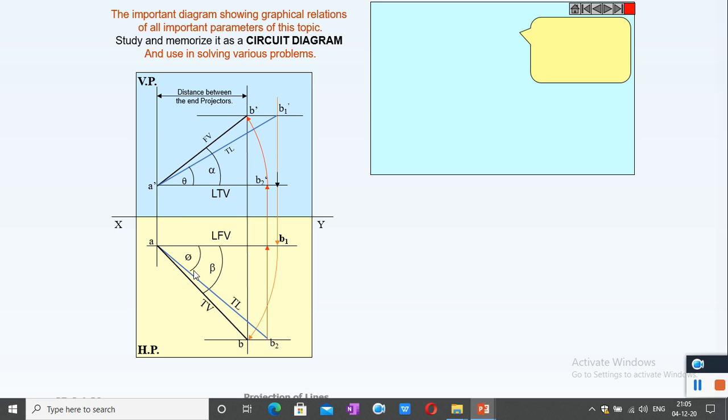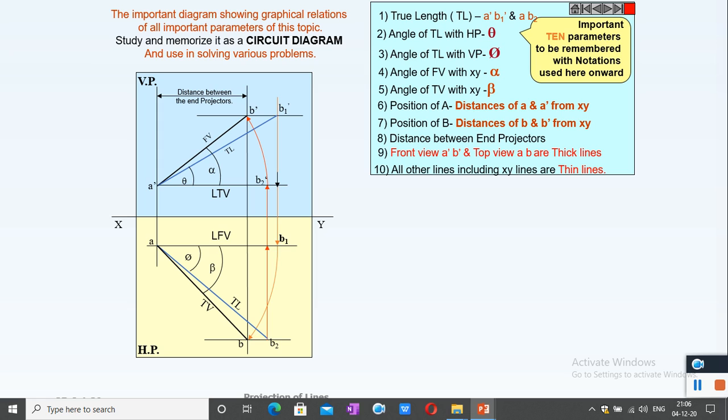Theta, phi, alpha and beta. So these are the important 10 parameters to be remembered with the notations. True length TL: A dash B1 dash and AB B2 are the true length.